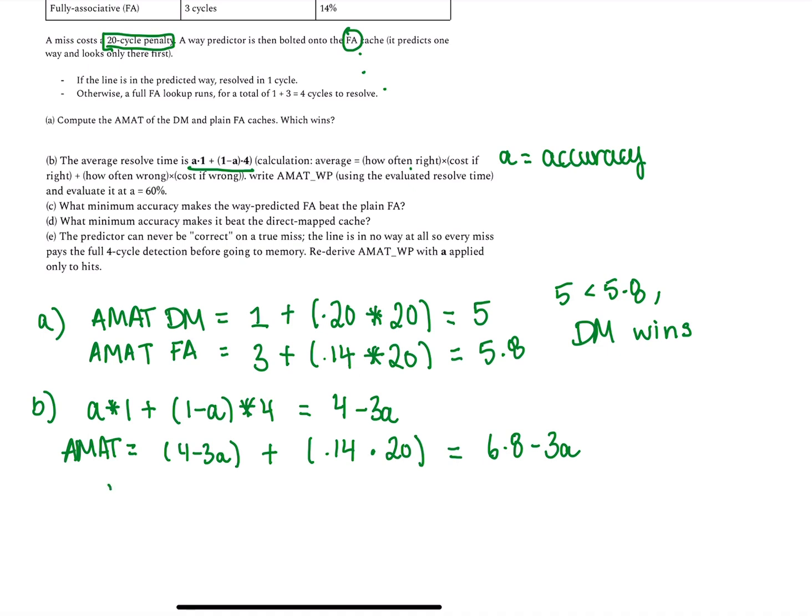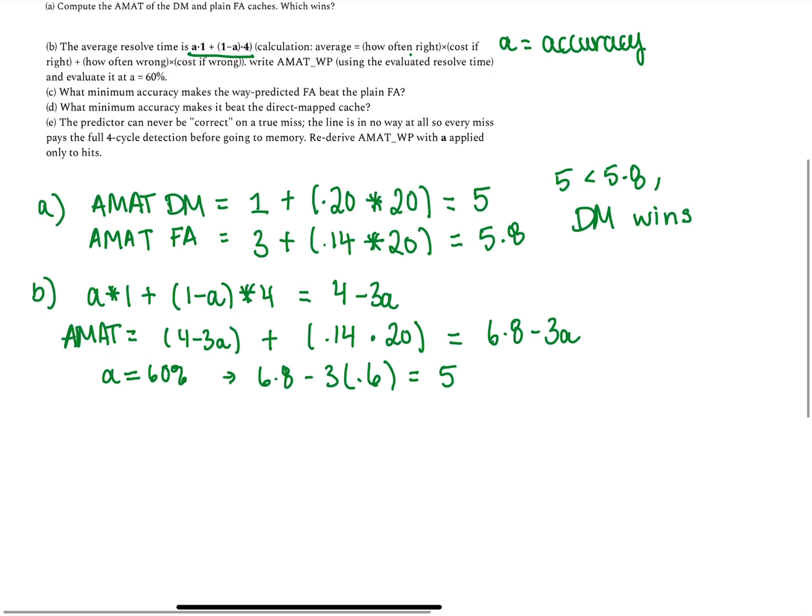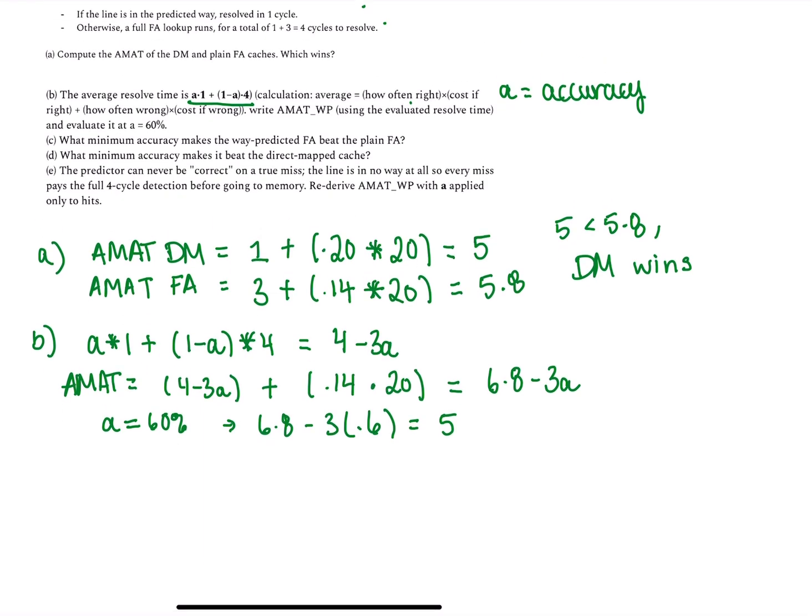And so let's plug in A equals 60%, so that's just A equals 0.6, and we get 6.8 minus 3 times 0.6, and we should get 5. And this is exactly the direct map cache. So the fully associative with the way predictor matches the direct map. And so we just calculated a new AMAT with the way predictor.